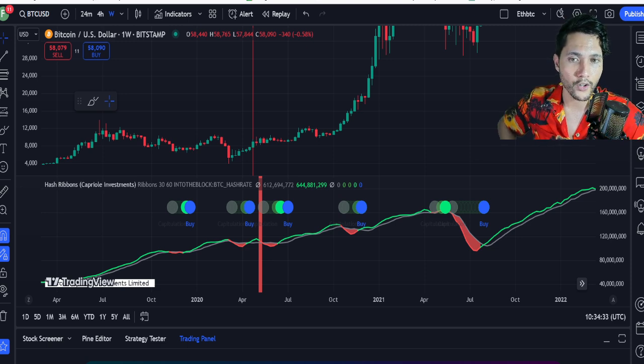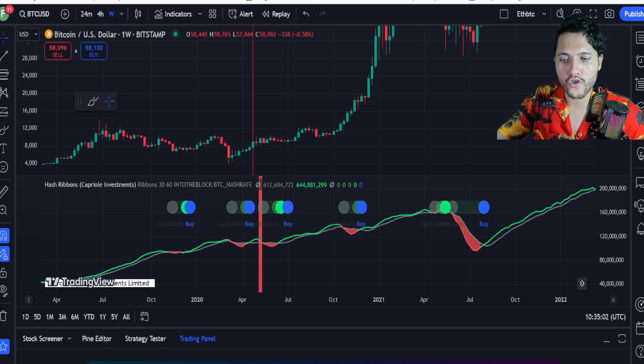But eventually, once enough miners get back in and recontribute hash power, and this daily moving average recrosses, you get a buy signal. That indicates that the bottom was in, and this was the best time to buy Bitcoin, and the price is now going to go up.